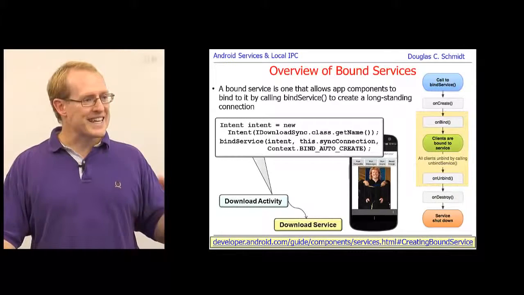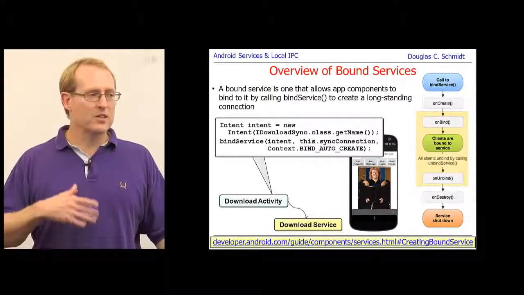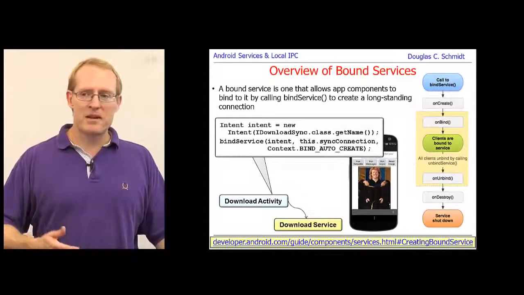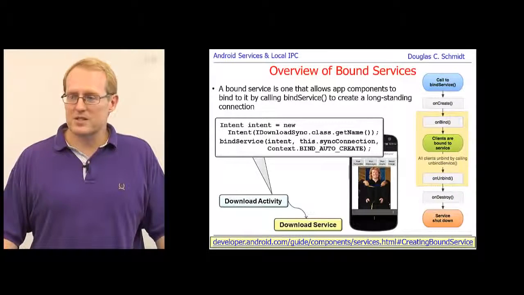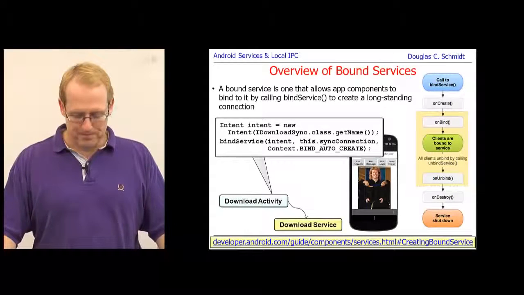It's persistent, it's sticky. And as a consequence, it's more efficient if you're planning to do a long-running set of interactions. If you're just planning on sending an SMS message and then not doing something for a long time, started service makes more sense because it's not going to keep Android resources tied up while you're not using it.